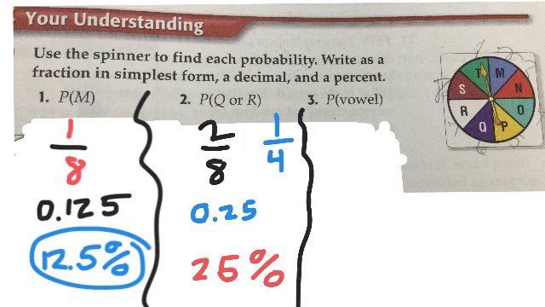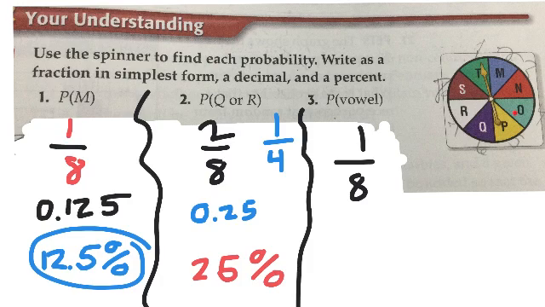Okay, then the last one, the probability of getting a vowel. Pick a number, 1 through 6. Pick a number, 1 through 2. So how many possible outcomes are there? Still 8. And how many of them are favorable? 1. Which one is favorable?